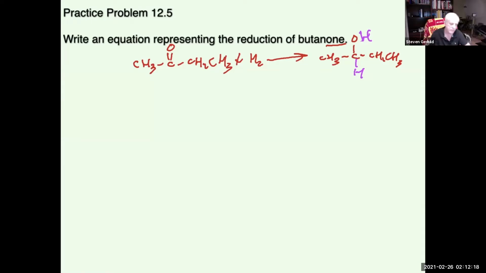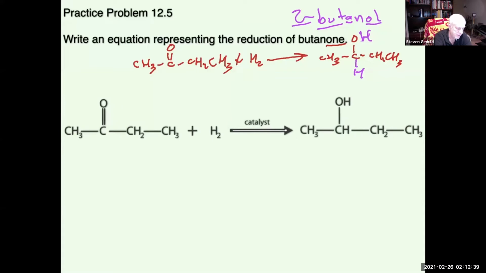You've got to put the 2 there because the alcohol could also have been at the number 1 position. Butanol, OL ending. So it says you've got 4 carbons, single bonds. There's your ane. OL is an OH group, alcohol, and it's at the number 2 position. That's what it looks like a little bit neater.